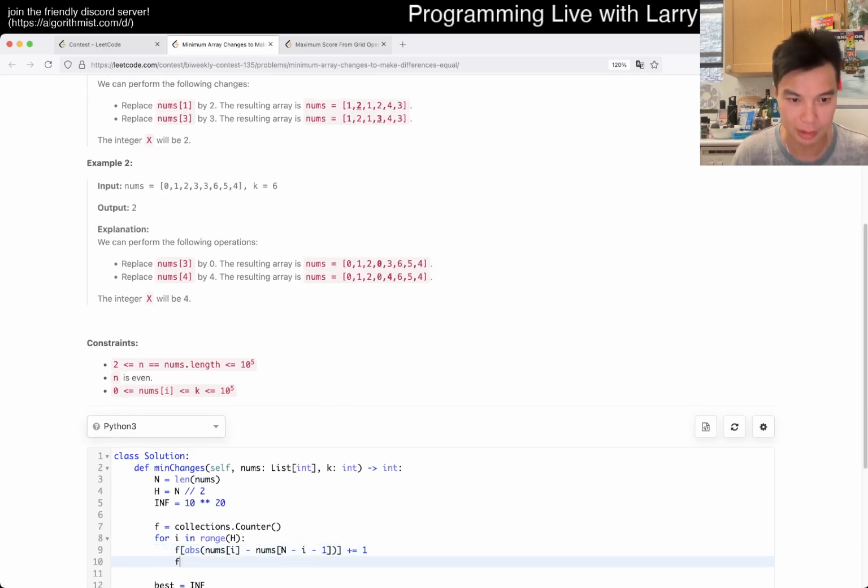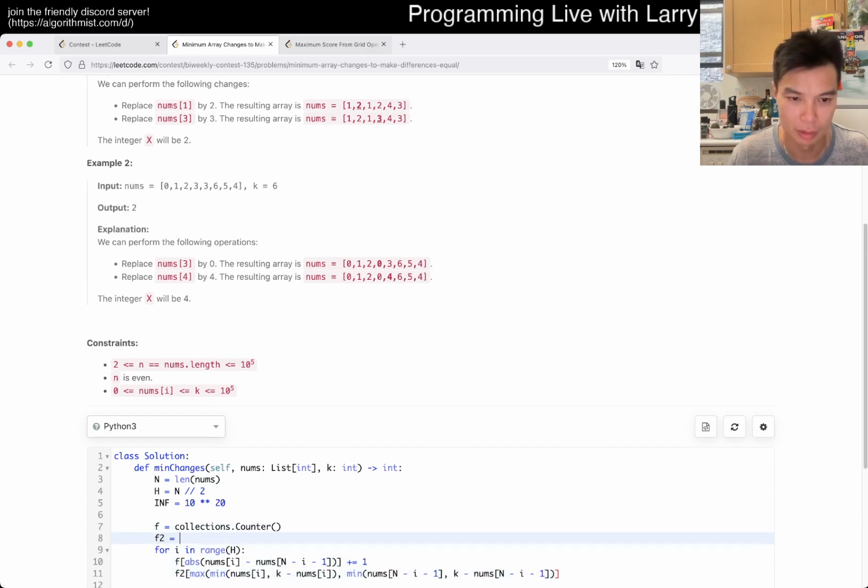Okay, so then that means that is f of min i and k minus nums of i, right? And then the change, so okay, no, this is f2, whatever, too lazy.